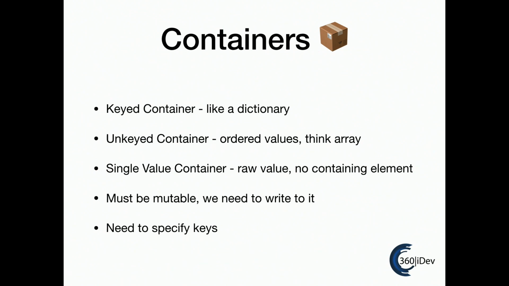Unkeyed container is ordered values, so think of an array that keeps its order. Or a single value container, which is just the value. It does not actually contain an element inside it. It is just whatever it gives you, and that's it. They are mutable. They have to be, because we need to write to them. And you need to be able to specify the keys for them.